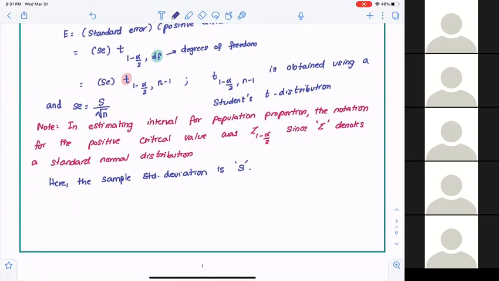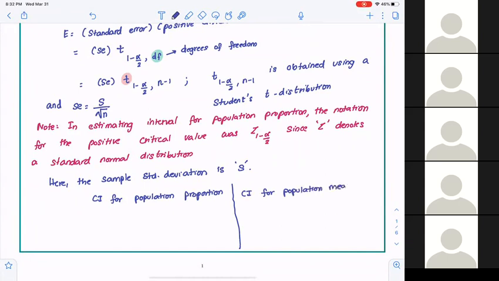So with the TI-84 calculator, to find the critical value with the previous case, we used inverse norm and we plugged in 1 minus alpha over 2, mean 0, standard deviation 1.